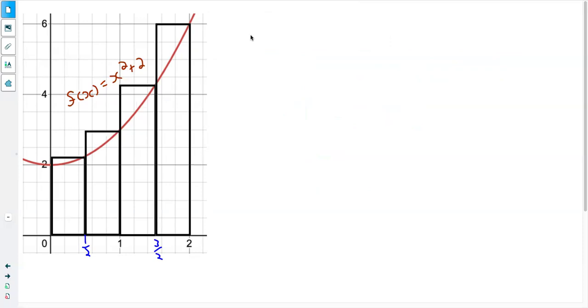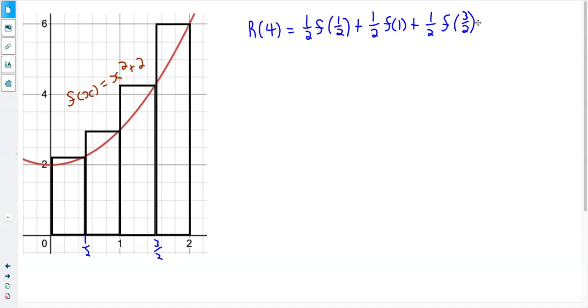Because we're looking at the right side, I would probably start by labeling it R4. So R4 of those four intervals would be 1/2 times the height of this first one, which would be f of 1/2, plus 1/2 times the height of the second interval, which should be f at 1, plus 1/2 times f at 3/2, plus 1/2 times f at an x value of 2.